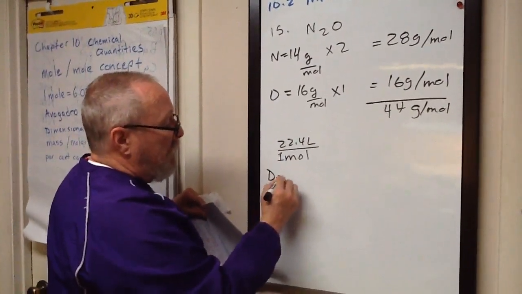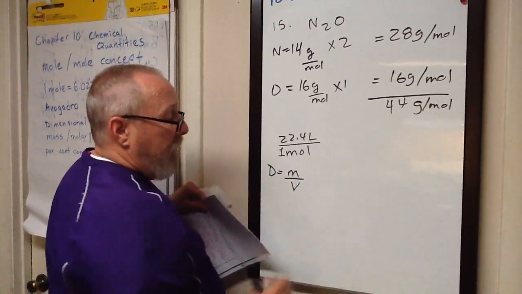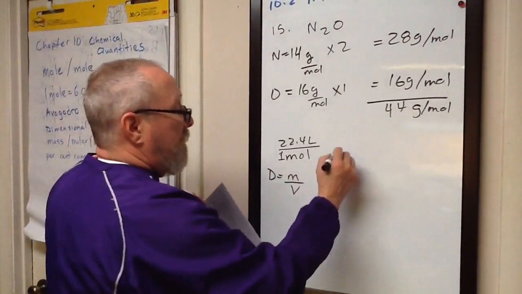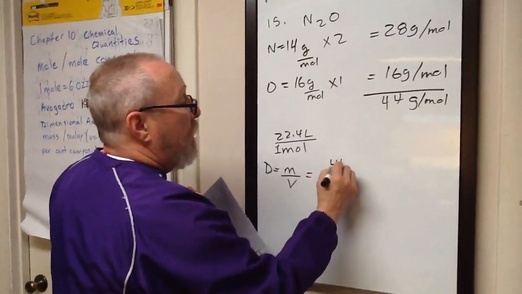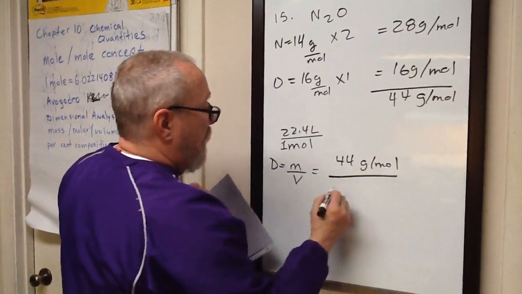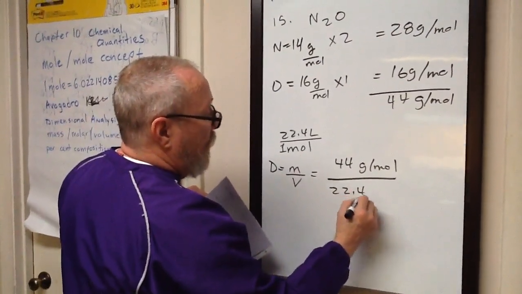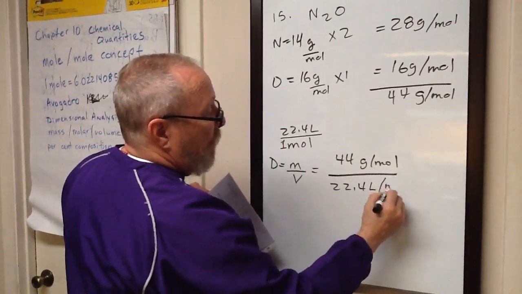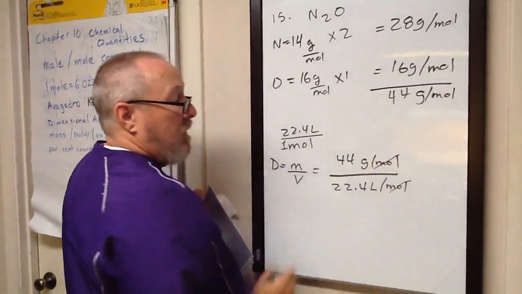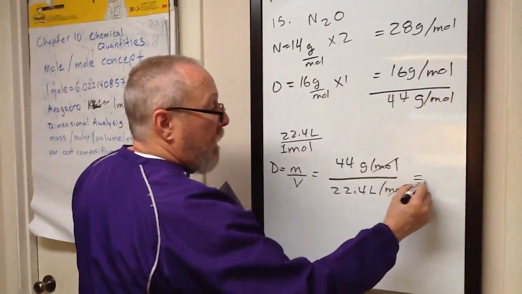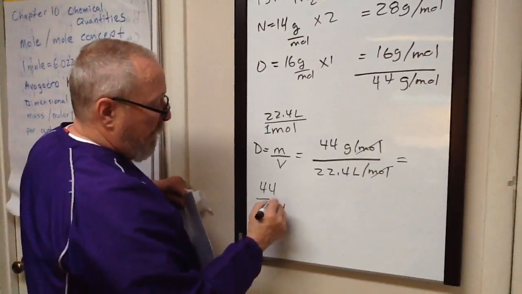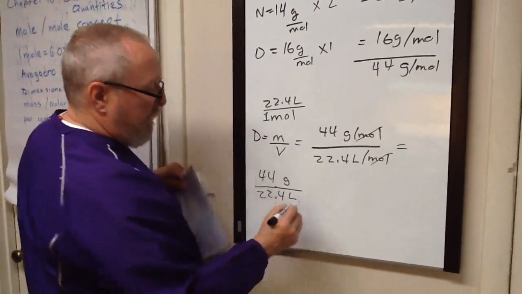So density is equal to mass divided by volume. And we know our molar mass. Our mass is equal to 44 grams per mole. And our volume is 22.4 liters per 1 mole. And the moles cancel. What I'm going to end up with is grams per liter, 44 grams divided by 22.4 liters.